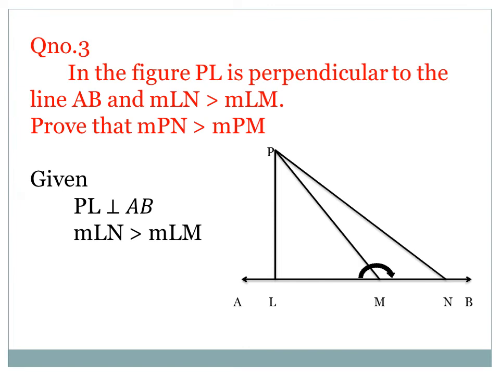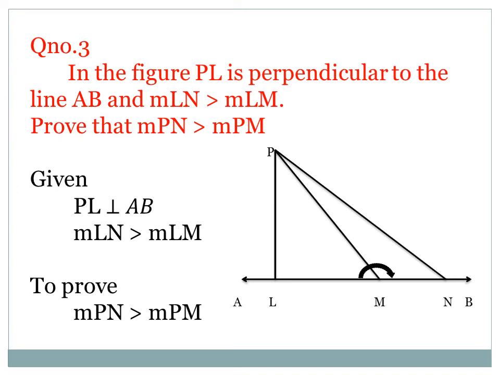PL is perpendicular to AB because the line PL and AB intersect each other at a right angle, and it is also given that distance from point L to N is greater than distance from point L to M. We have to prove that distance from point P to N is greater than the distance from point P to M.